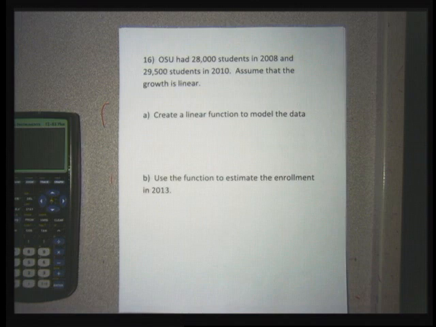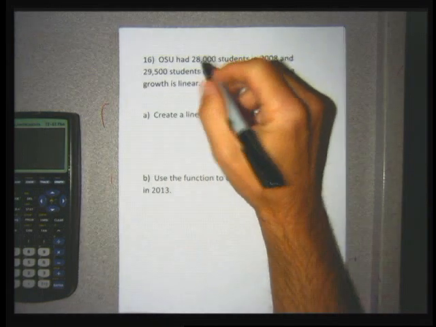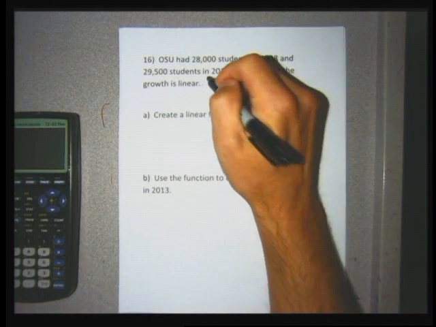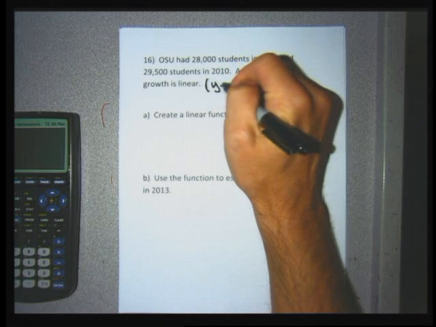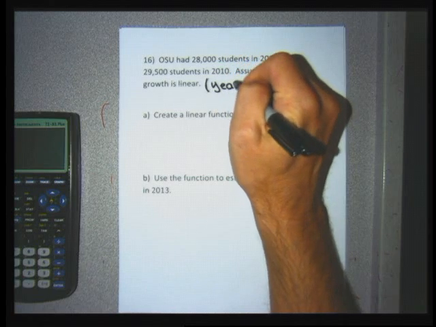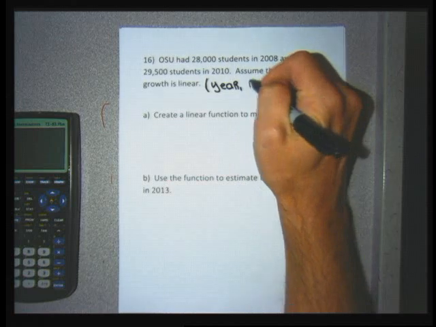So assume the growth is linear, create a linear function to model the data. This is a classic problem where I'm given 2 points, and I need to create my points, and I need to decide what to call the x and what to call the y.